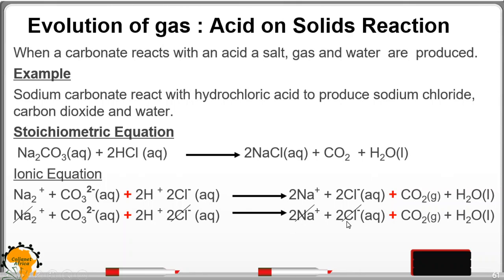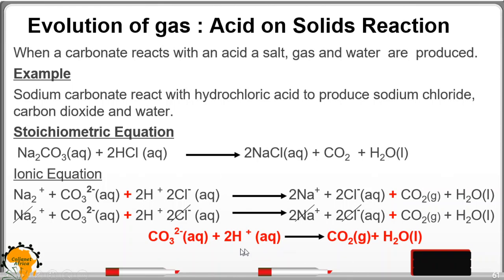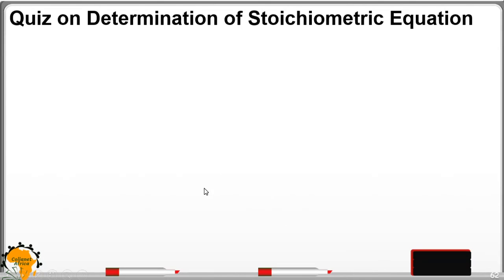We cancel the chloride ions and produce this ionic equation. I hope the concepts are clear. So the reacting quantities: carbonate 1, hydrogen ions 2, then carbon dioxide we have 1, and water we have 1. So those are the reacting quantities.